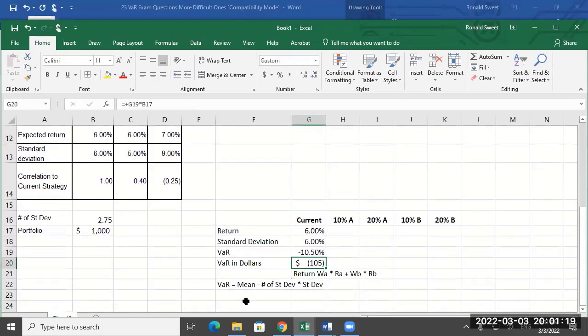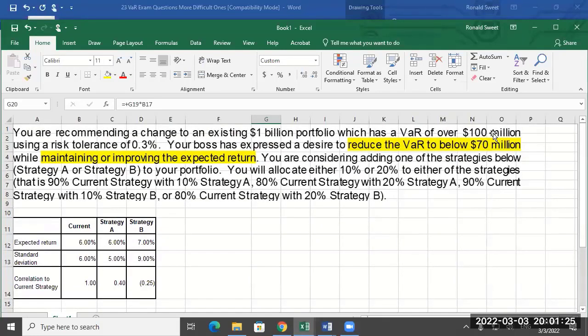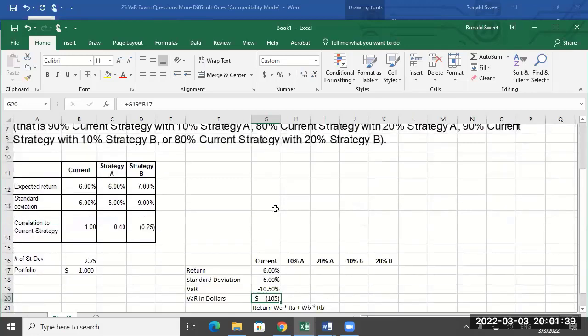What did they say was our VAR? Has a VAR over 100 million. You feeling pretty confident at this point? Does 105 sound like a VAR over 100? Now, if you got 362, you'd probably be okay. That's over 100, but that doesn't sound good. But you get some confidence there.